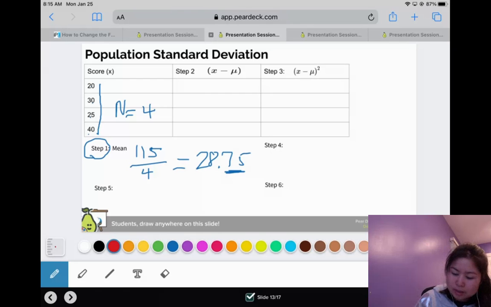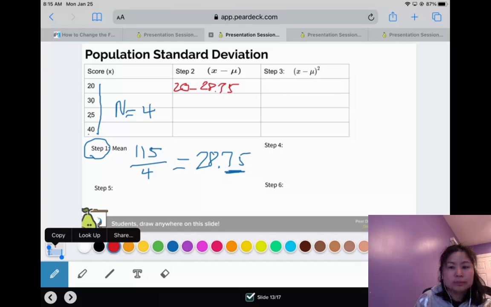So I'm going to get to step 2. The x at the 20, take away the mean, which is 28.75, okay? 20 minus that gives me negative 8.75.